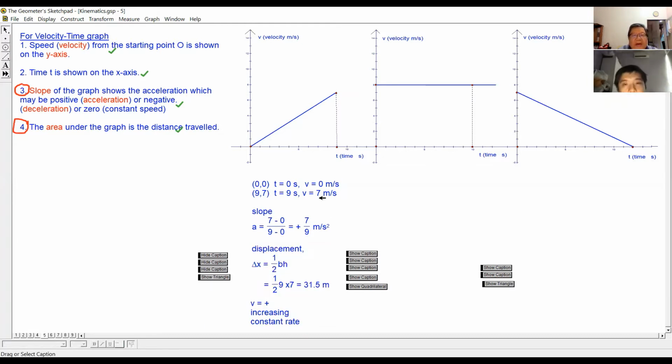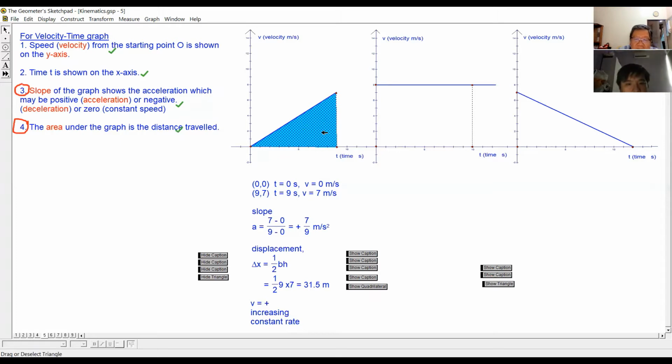Because I know the initial velocity and the final velocity, I can calculate how much distance is traveled. The distance traveled is given by the area under the graph, under this blue line.